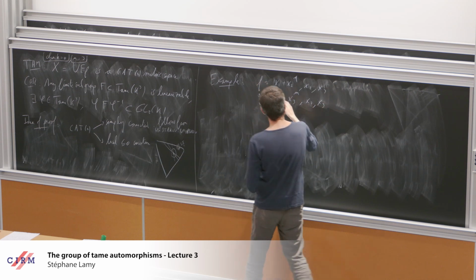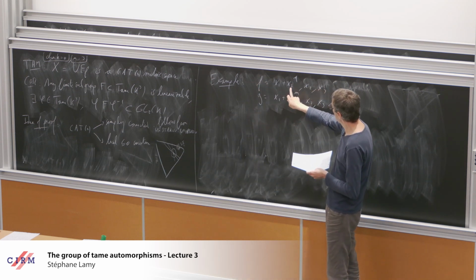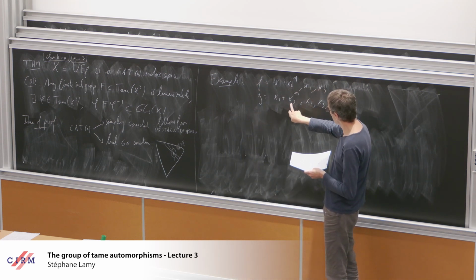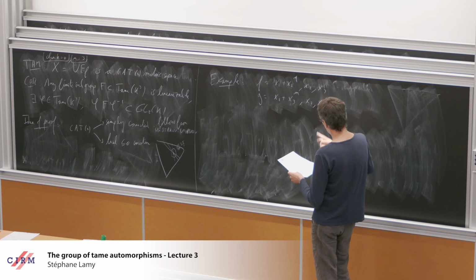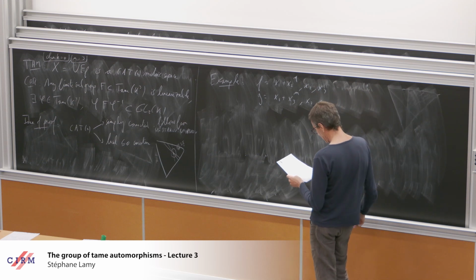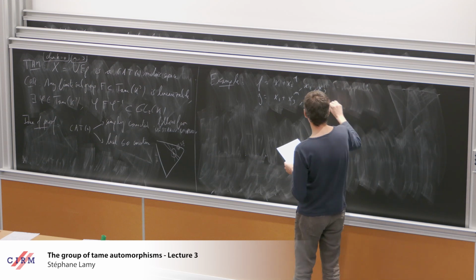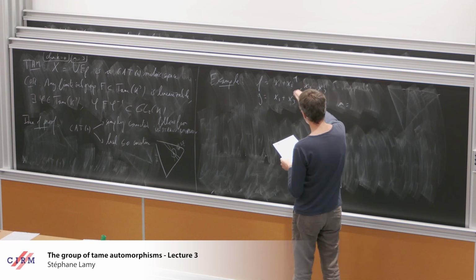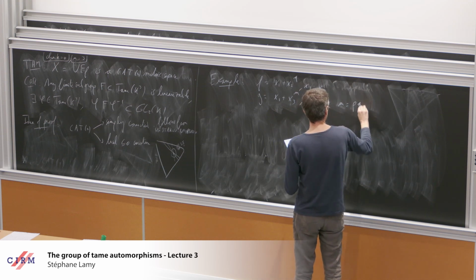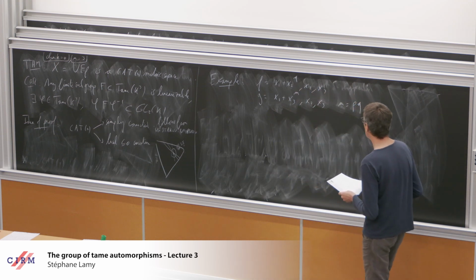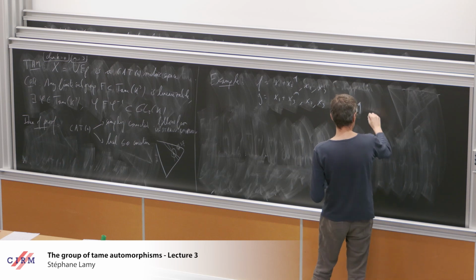So I take two very simple elementary ones. This one depends on x2 and this one on x3, so they commute. And I'm going to assume that m, the second exponent, is in fact a multiple of q, p times q for some p. And then I look at this picture.